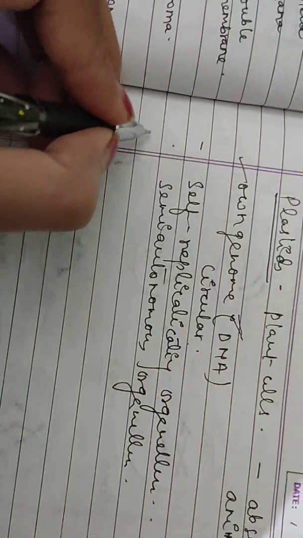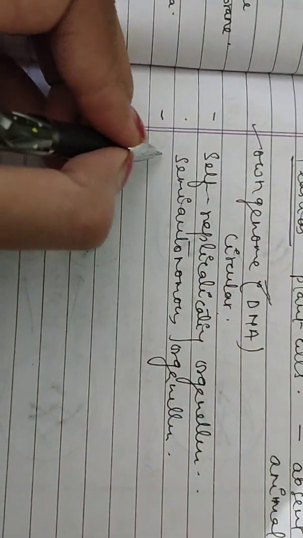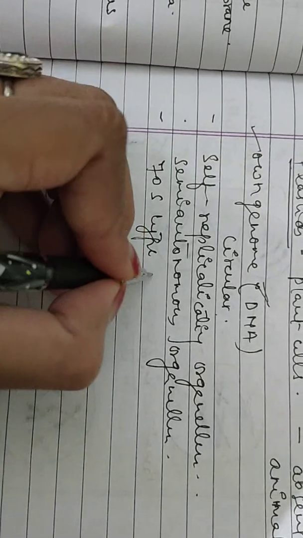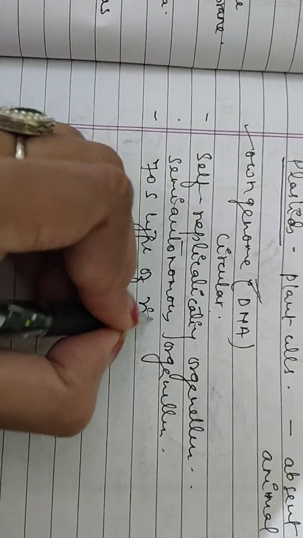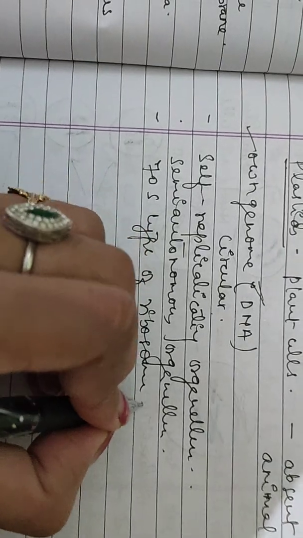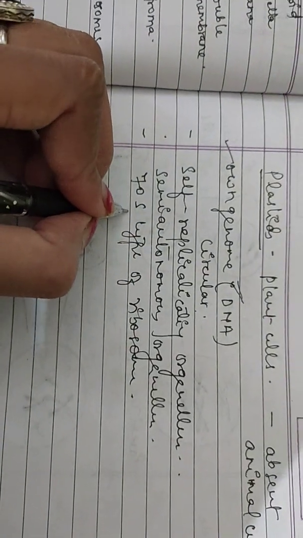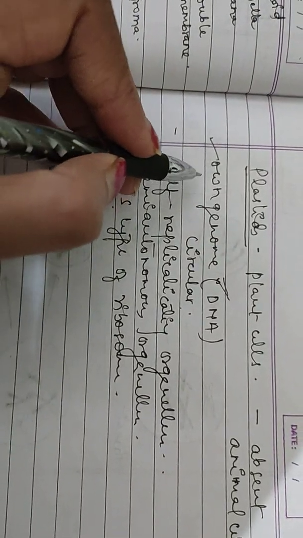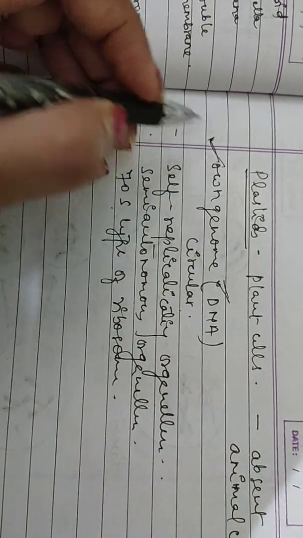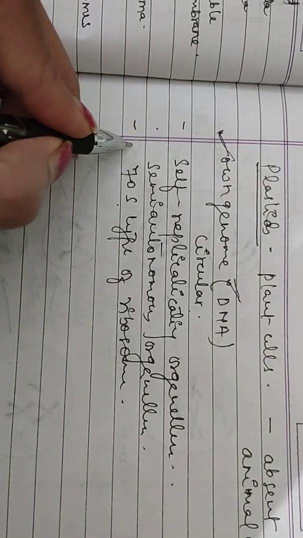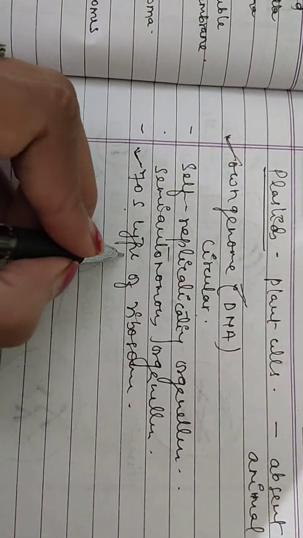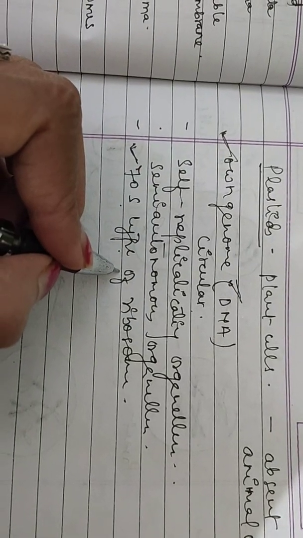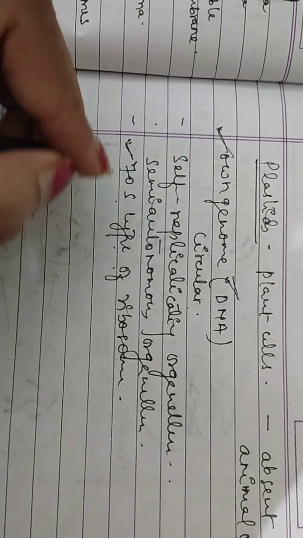And there is another structure which resembles mitochondria, and that is 70S type of ribosomes, which is also present in the prokaryotic cell, that is bacteria. So there are two structures: the presence of circular DNA and the presence of 70S ribosomes. These resemble mitochondria as well as bacteria.